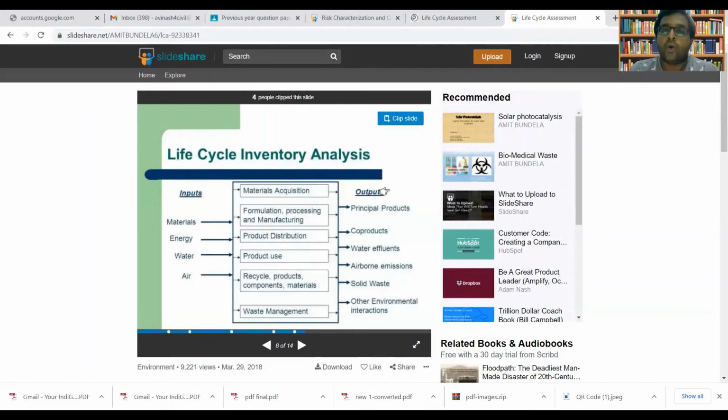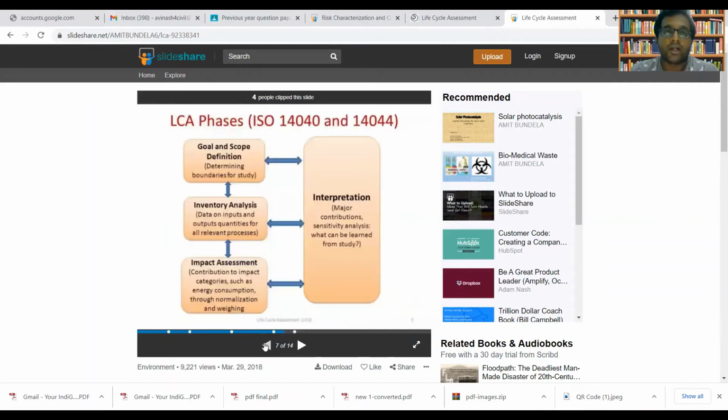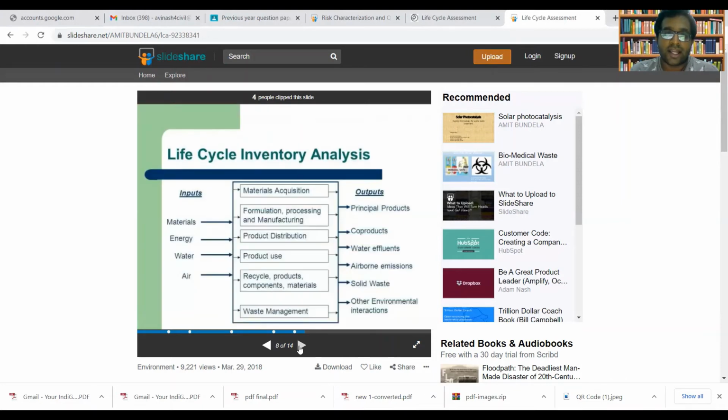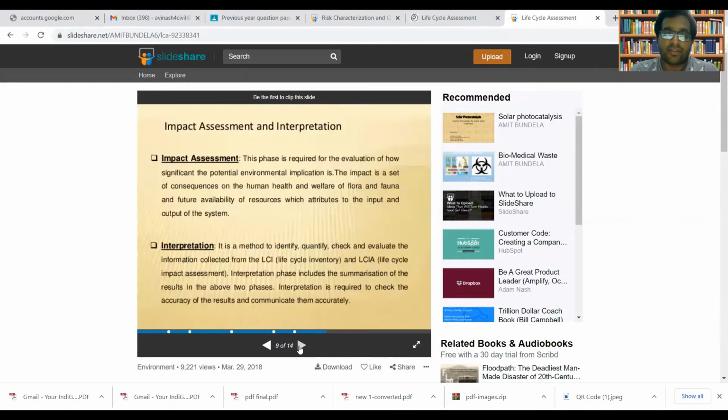The different outputs from this process include the principal products, co-products, water effluents, airborne emissions, solid waste, and other environmental interactions. So these are the outputs of this life cycle inventory analysis. So first step includes the goal and scope definition. Second one includes the inventory analysis, life cycle inventory analysis.